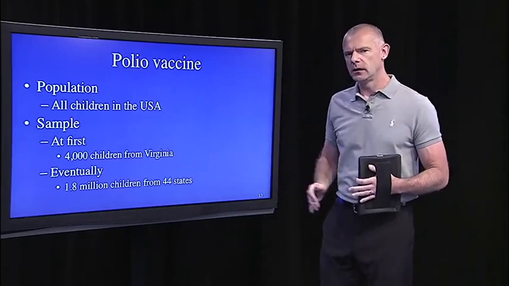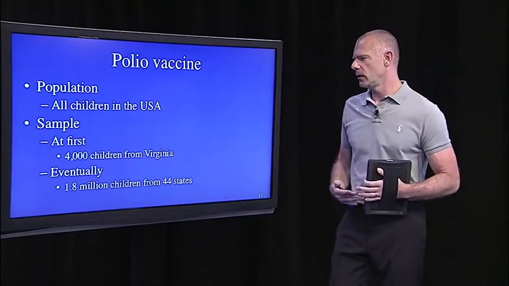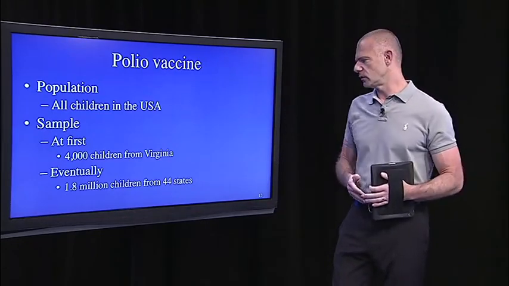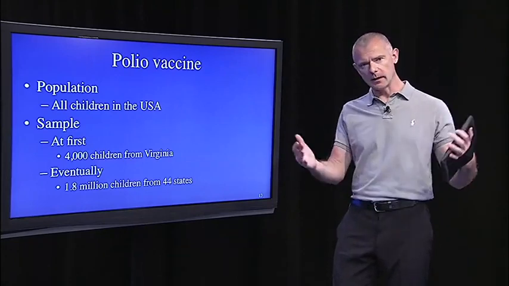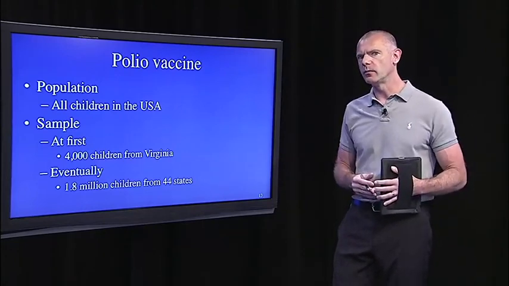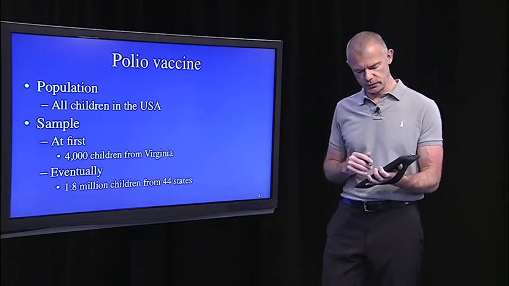So eventually, once they started to see evidence that this was effective, they expanded this to 44 states, including 1.8 million children. Then they clearly had a representative sample. But first, it was just 4,000 children in Virginia.